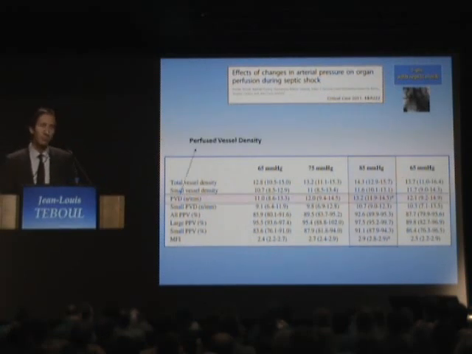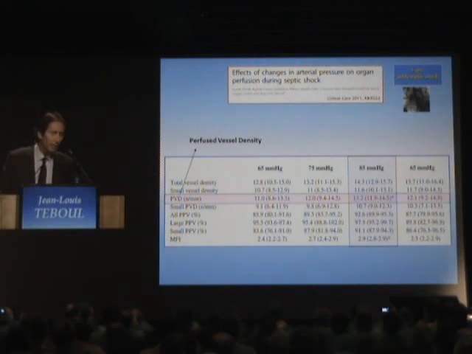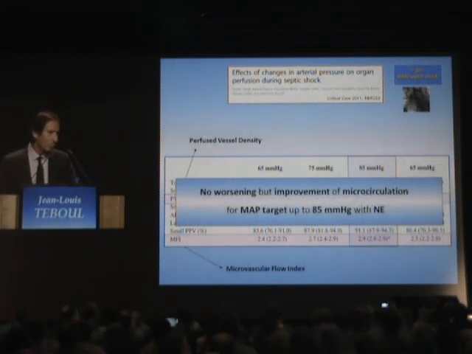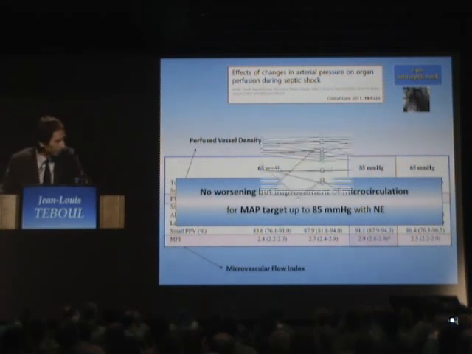And what they observed is that the best level, 85, was associated with an improvement in the microcirculation. So not only is it not dangerous, but it can improve microcirculation in some patients.